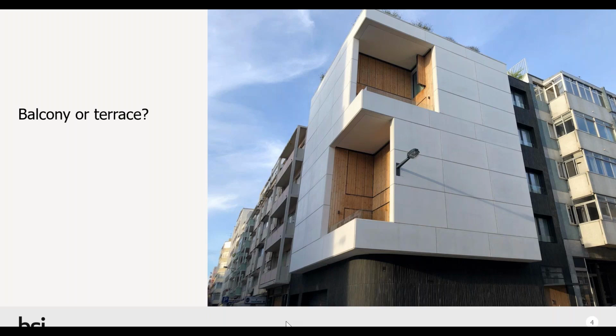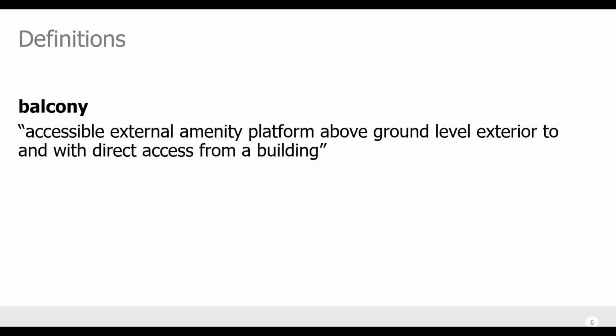So the first task was to look at definitions. We had to go through basically all the components of balconies and terraces, and just review exactly what they are, and what people's perceptions of them were.